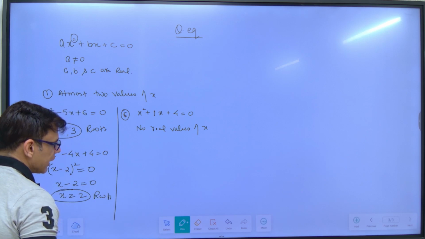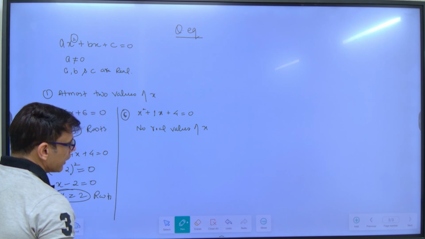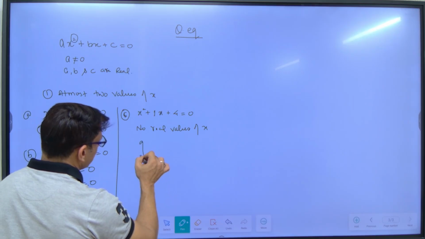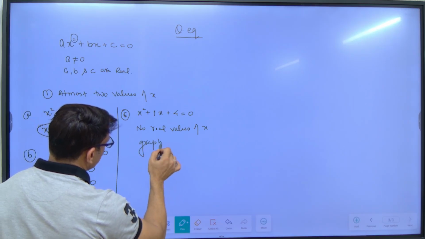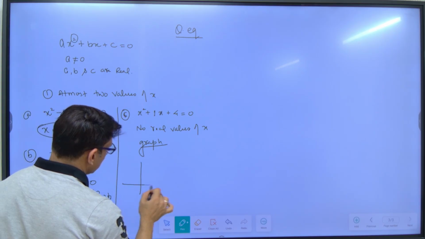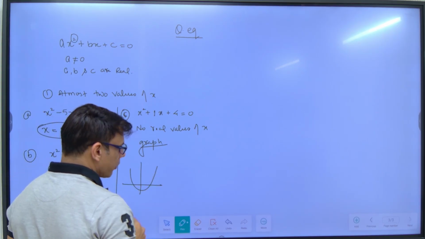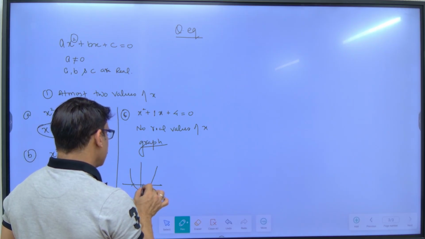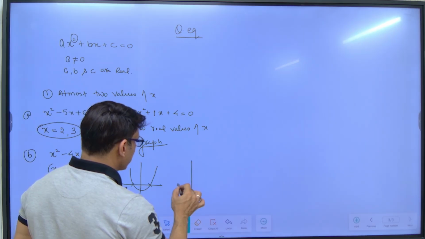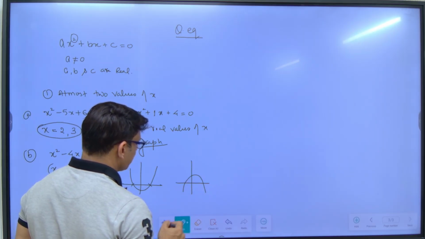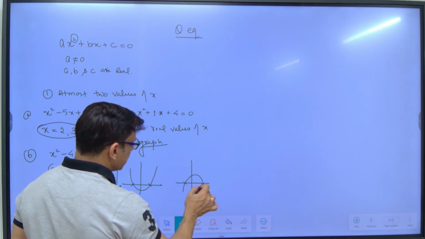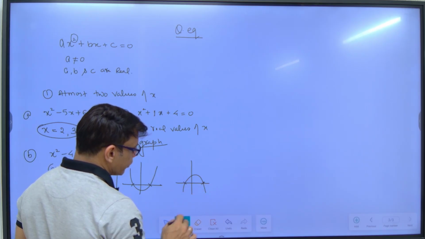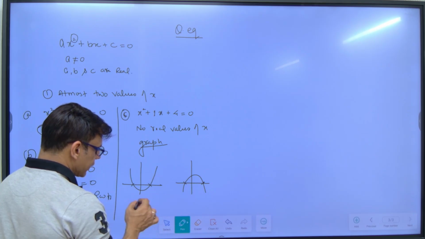So when a quadratic equation gives you two real roots, the graph of that polynomial will be a parabola, and it will be either an upward parabola or a downward parabola. Since this graph is cutting the x-axis at 2 points, that means there are two values of x.